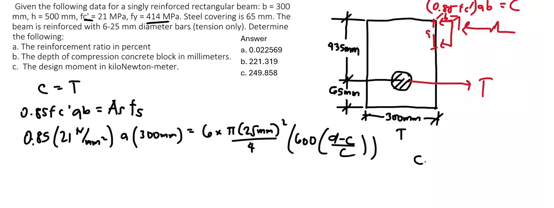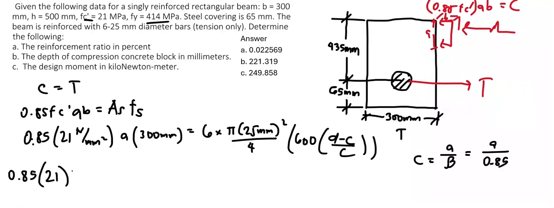And c here is equal to A over beta, and for beta, given Fc prime, that is 21, this is equal to 0.85. Let's try to disregard the units to fit our equation.